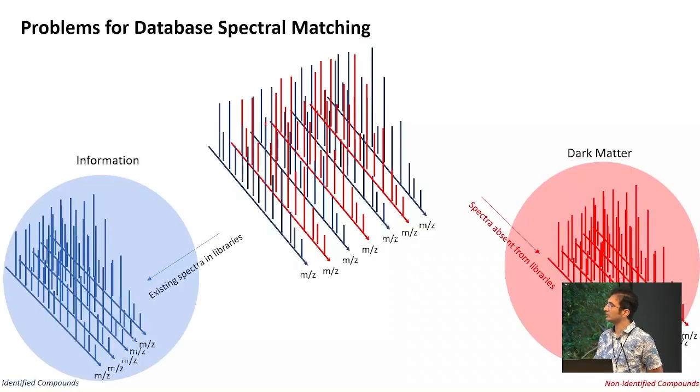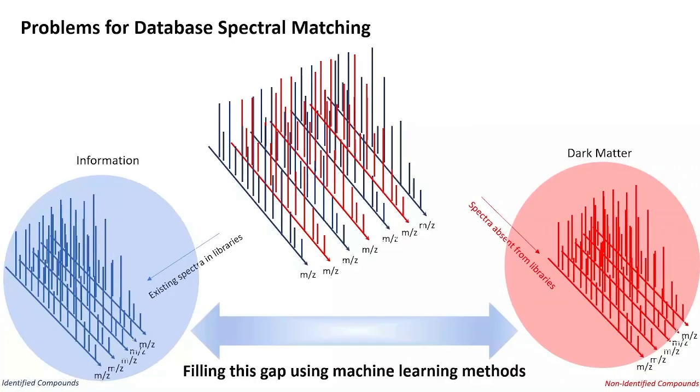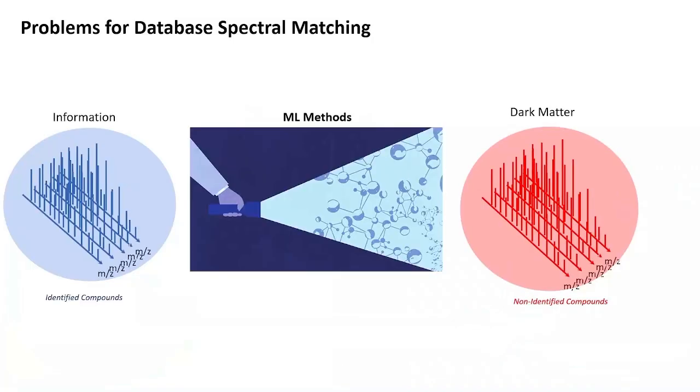So the idea is using the information here for relating the MS spectra to the structure of the molecules, because we know the structure of the molecules and we have the spectra, and we can connect them together by using machine learning methods, and then use those methods for identifying unknown molecules. So here is the whole idea of the project. We collect the MS spectra, train machine learning models to the structures, and use those models for identification of unknown molecules.